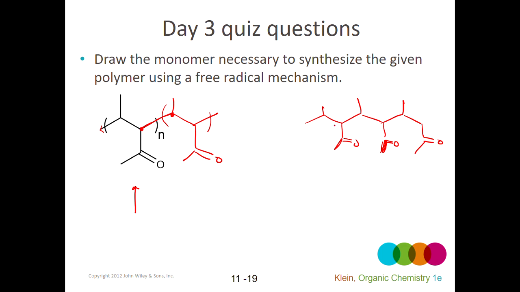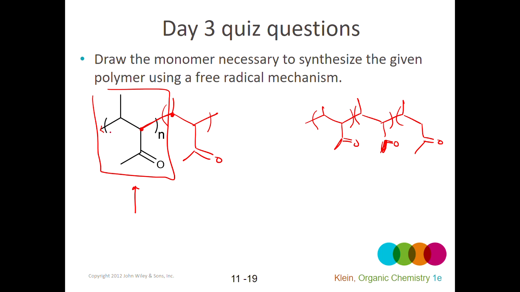If you just see the chain, you can't tell where the units are. The brackets are helpful in pointing out where the individual units are. So if this is my individual unit, what did the monomer look like that would have made it incorporated into the chain looking like that?